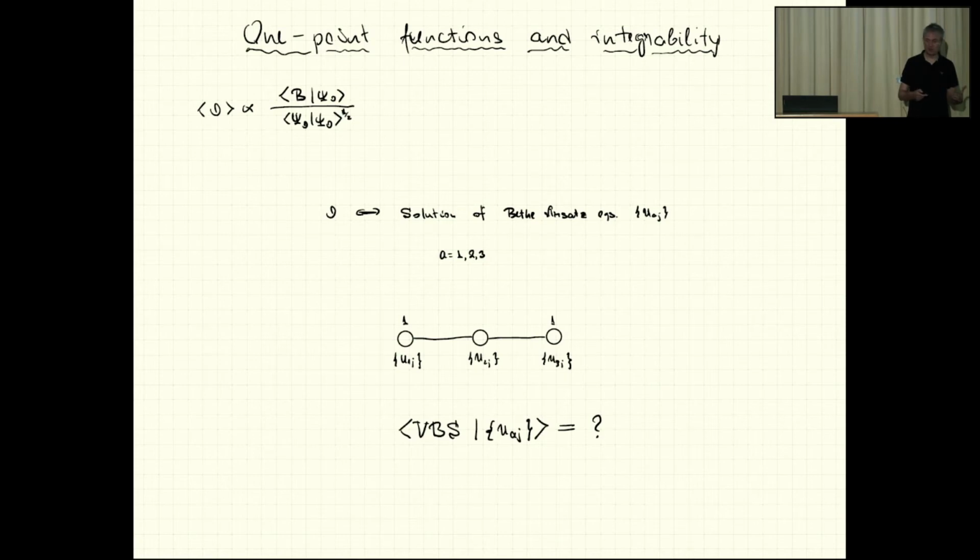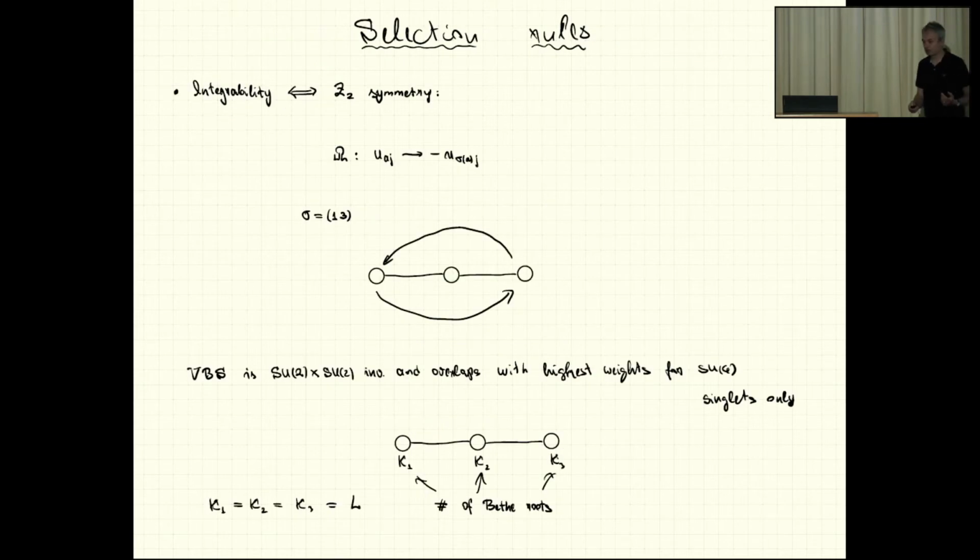So the Bethe eigenstate will be characterized by a set of 3 types of Bethe roots. The Bethe equations are of standard Lie algebra type for SU4. So the question is how to compute the overlap of a Bethe state with this given state that preserves integrability. This boundary state is not an eigenstate of the Hamiltonian, but integrability guarantees that it has some nice properties.